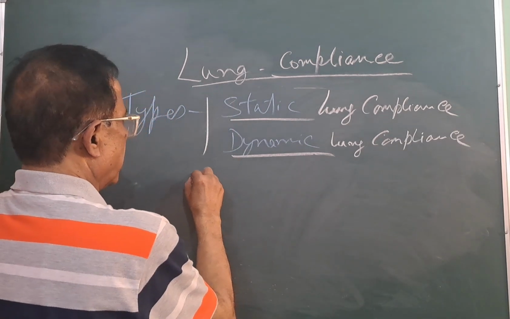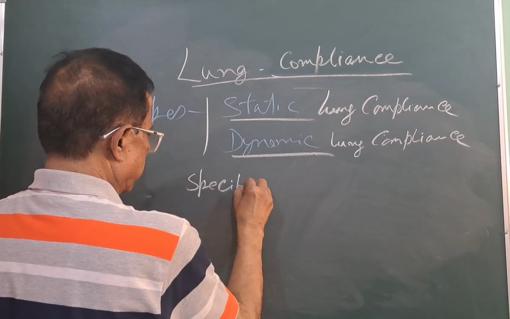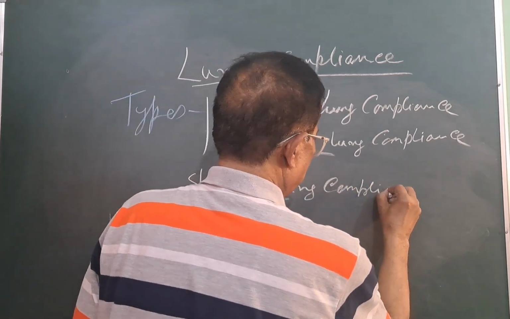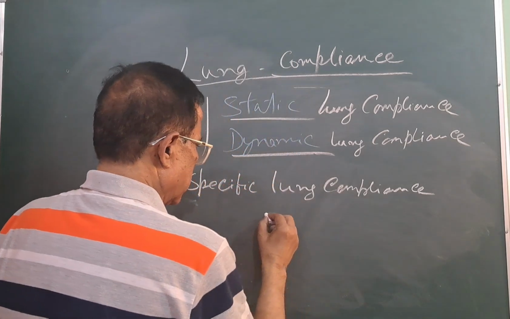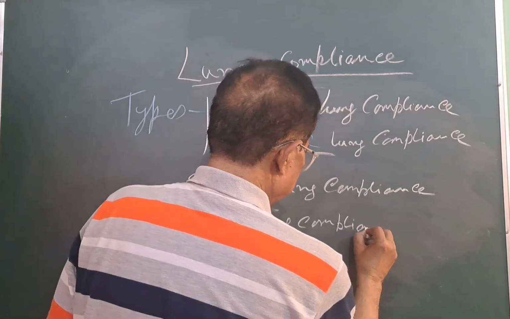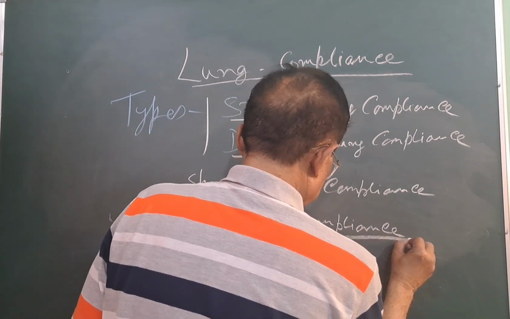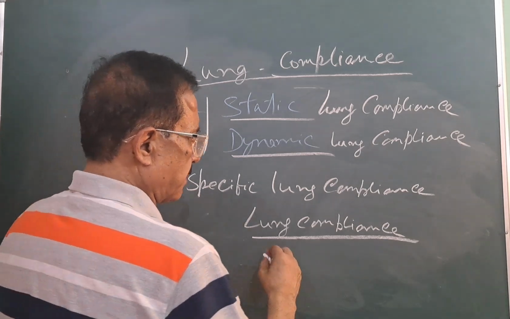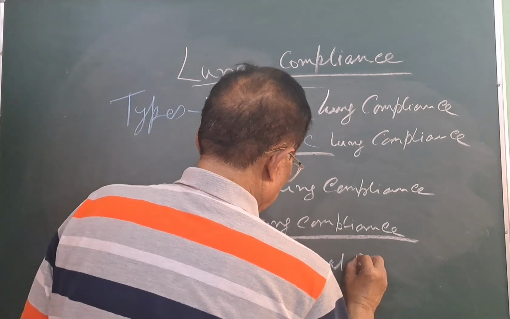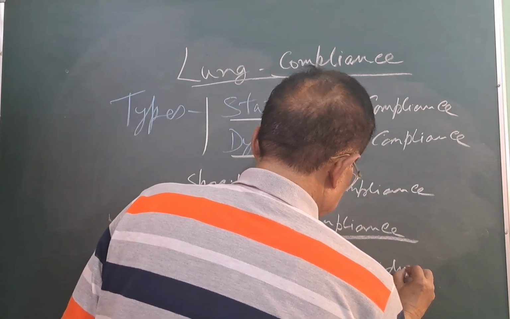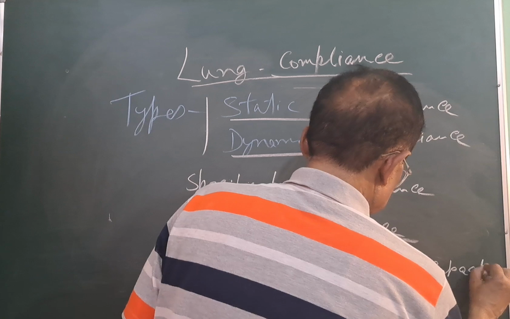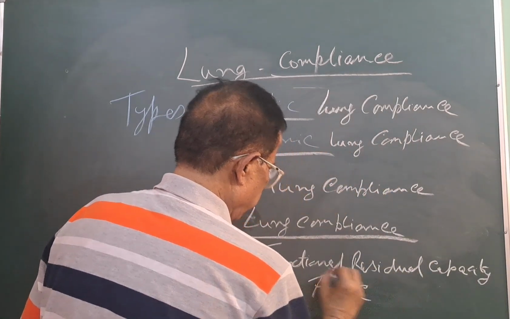Another one is specific lung compliance. Specific lung compliance means lung compliance divided by functional residual capacity, FRC.